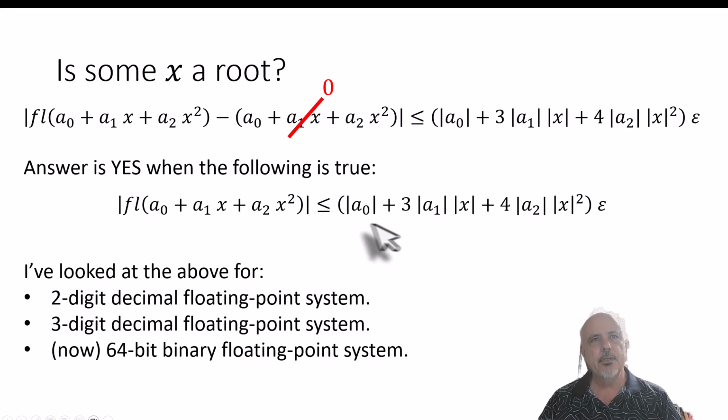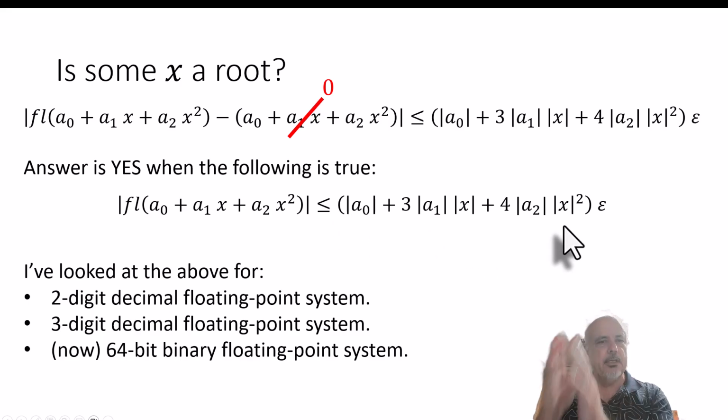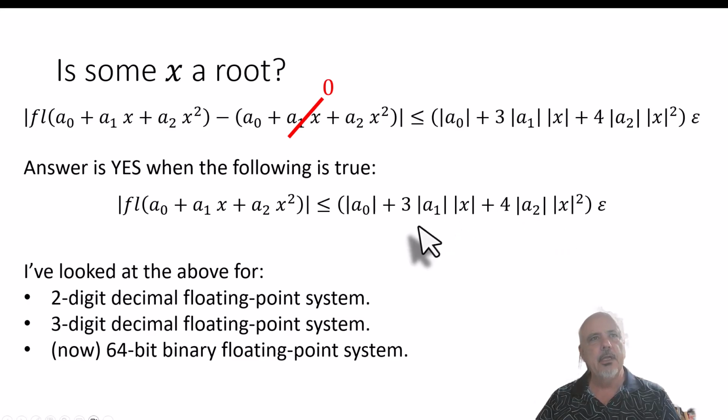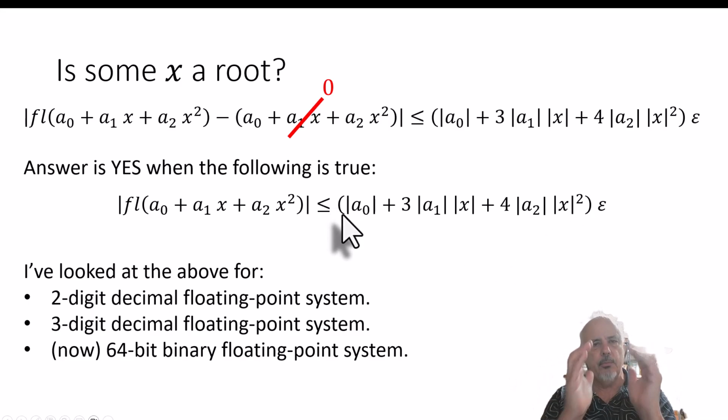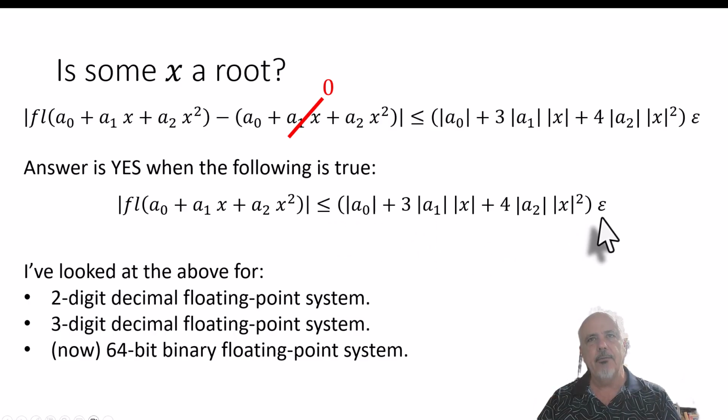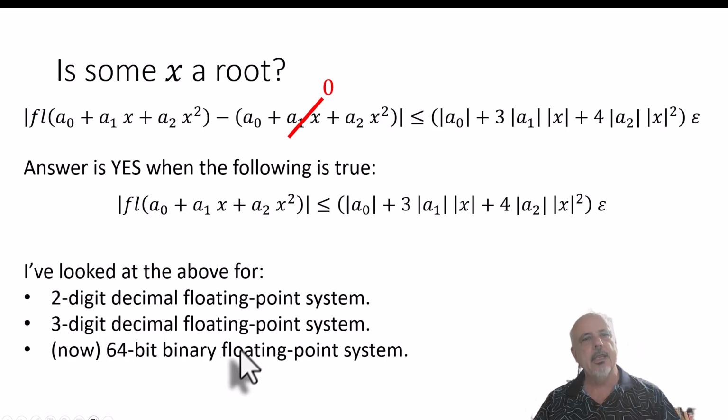But it's another polynomial where the coefficients and the x's are all absoluted, and then there are some integer coefficients that go in front here, and then you have that polynomial multiplied by the machine epsilon. Okay, so we looked at it from the 2-digit decimal floating point and 3-digit decimal floating point system. Now we're going to look at it from the 64-bit.